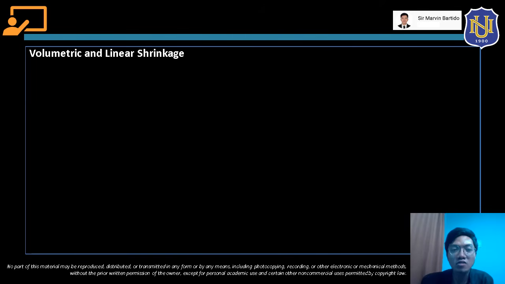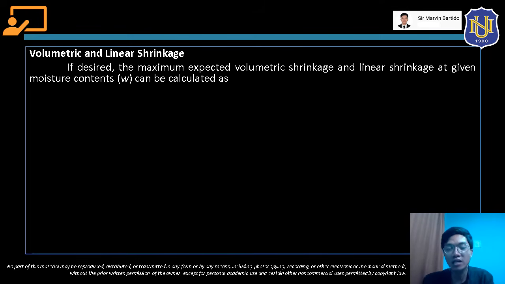Okay, so we also have what we call volumetric and linear shrinkage. If we want to solve the volumetric shrinkage and linear shrinkage at a given moisture content, we can use this formula. For the volumetric shrinkage, VS, it is equal to the shrinkage ratio times the water content in percent minus SL, the shrinkage limit.